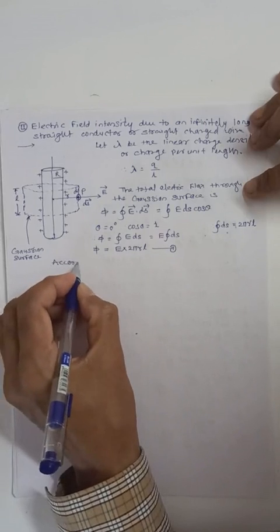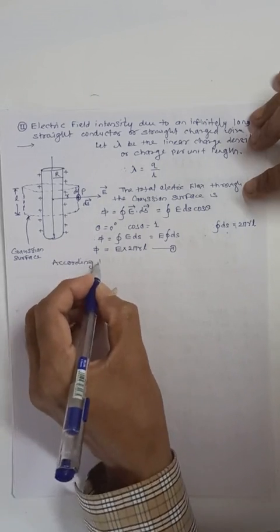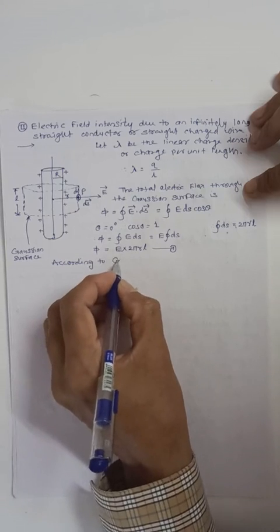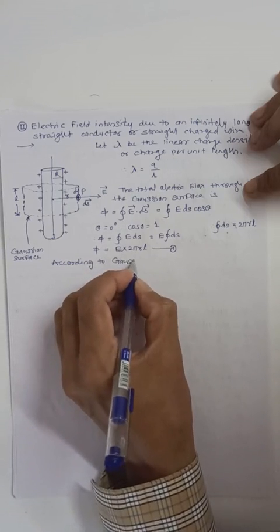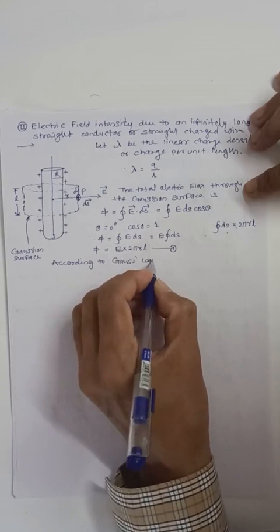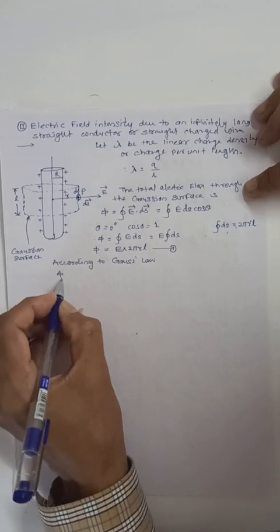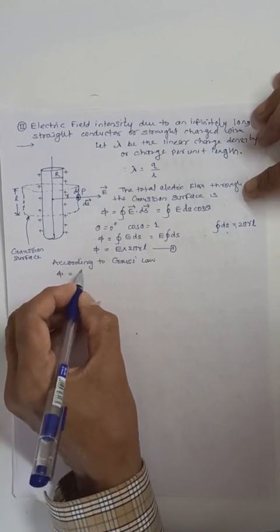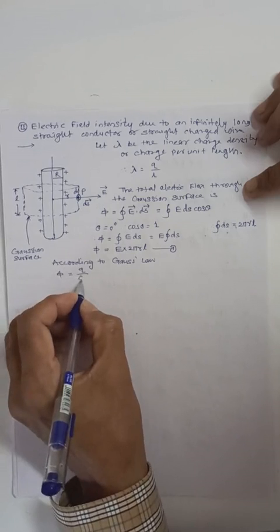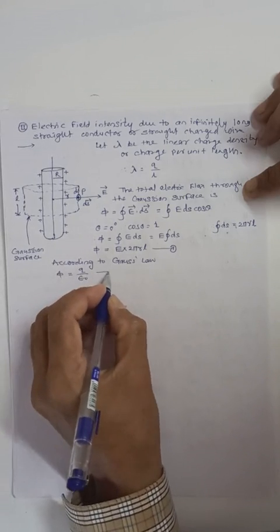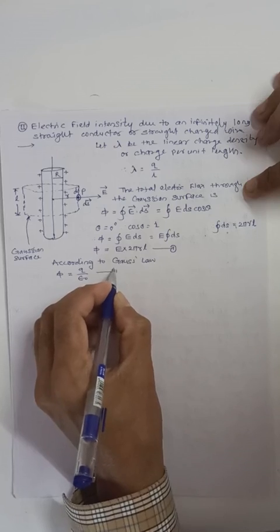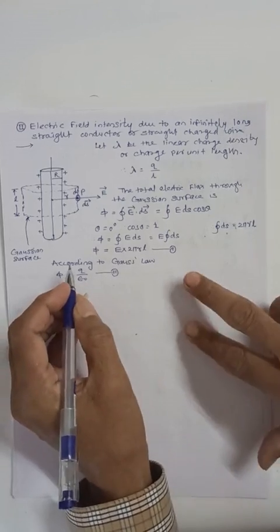According to Gauss law, total electric flux phi is equal to Q upon epsilon 0. Equation 2.